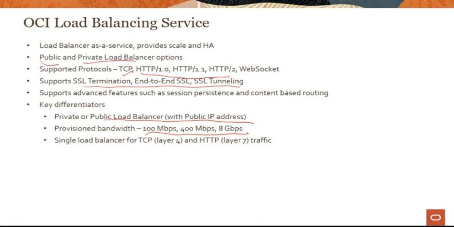If you provision a shape according to the load that you are going to get, your load balancer can handle your requests. You don't have to pre-warm your load balancer if you start getting a lot of load. And like I said, there's a single load balancer for both TCP layer 4 and layer 7 traffic.